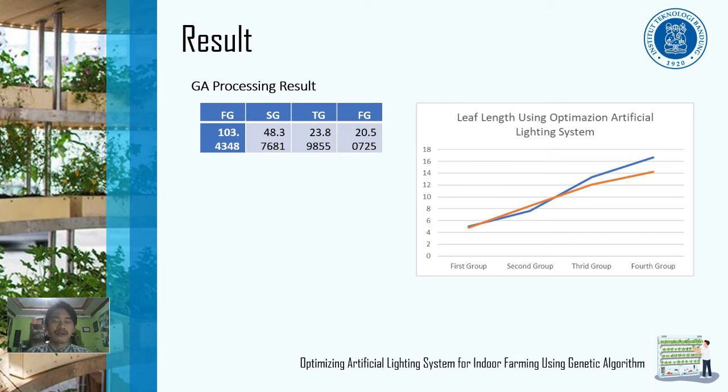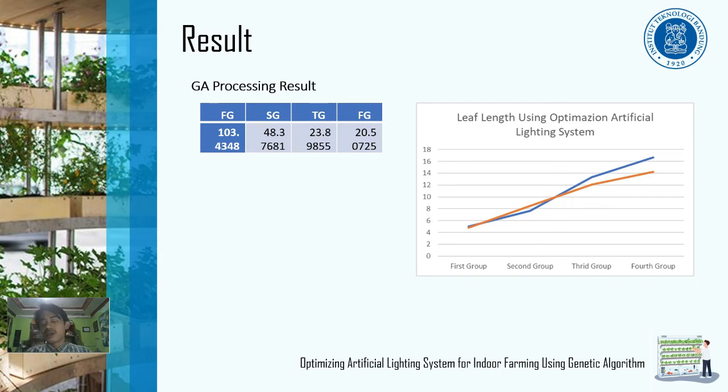For the first group, the genetic algorithm recommended 103.43 centimeters, the second group 48.3, the third group 23.8, and the fourth group 20.5.